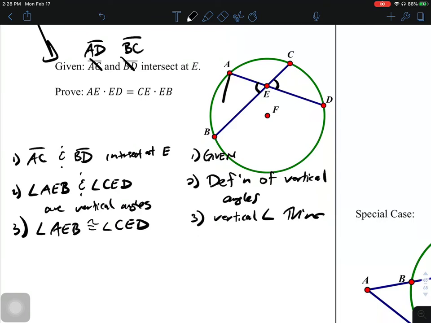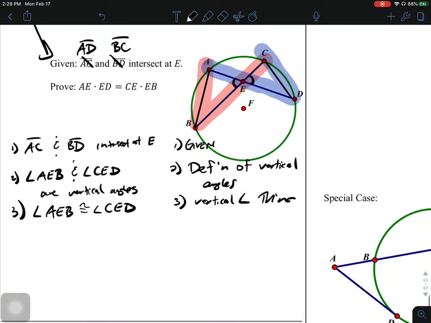Let's put these segments in. Wouldn't you agree that angle ABE is congruent to angle CDE?